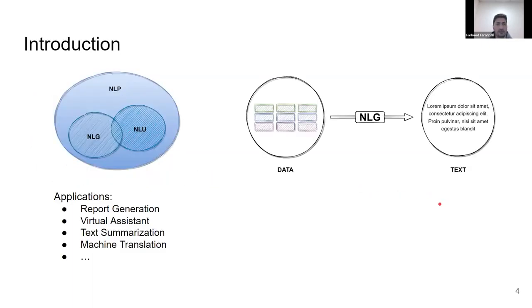Natural language generation, as a subfield of natural language processing, is concerned with generating text in English or other human languages. It has a wide range of applications such as report generation, virtual assistants, and so on.